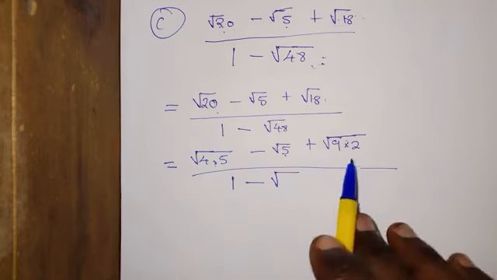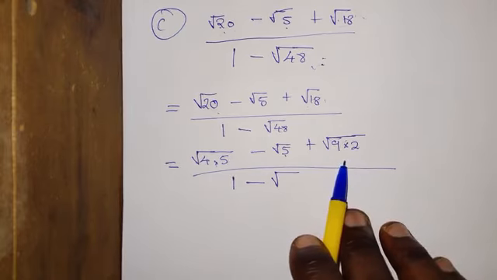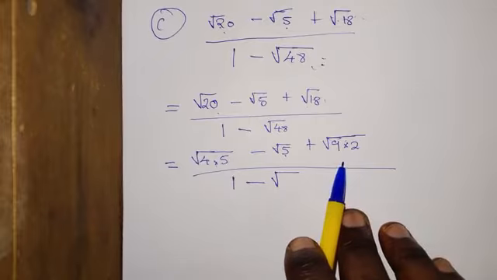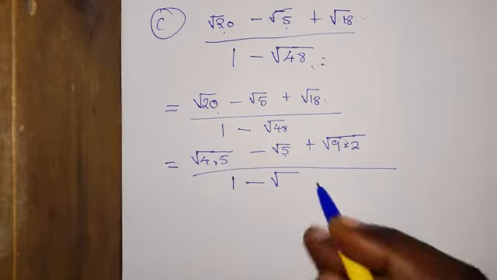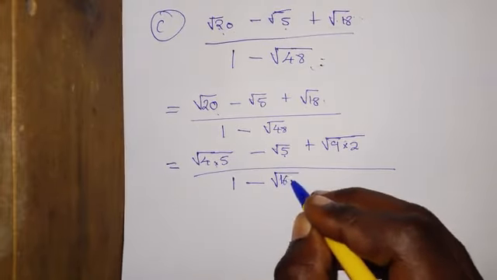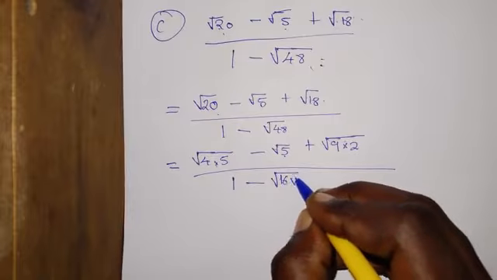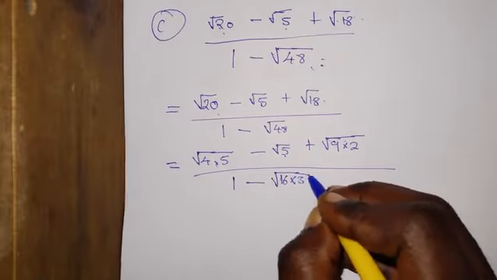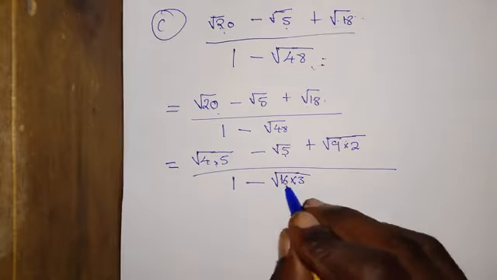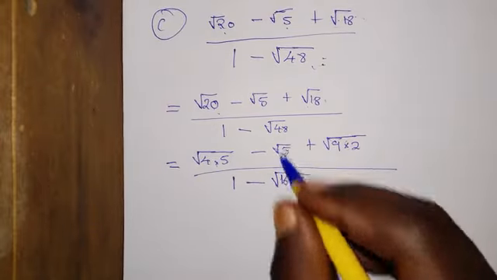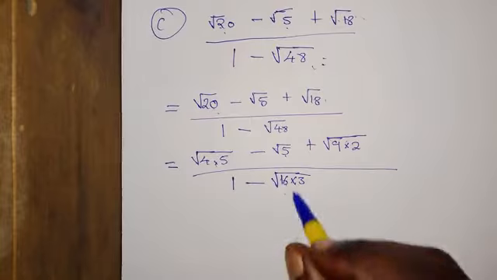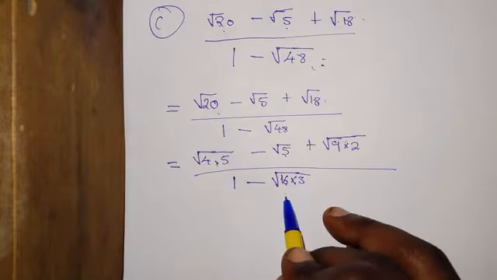So we're trying to break down into simplest factors. The 48 we can break down to 16 by 3, since 6 times 3 is 18. So this is how we're going to break it down.